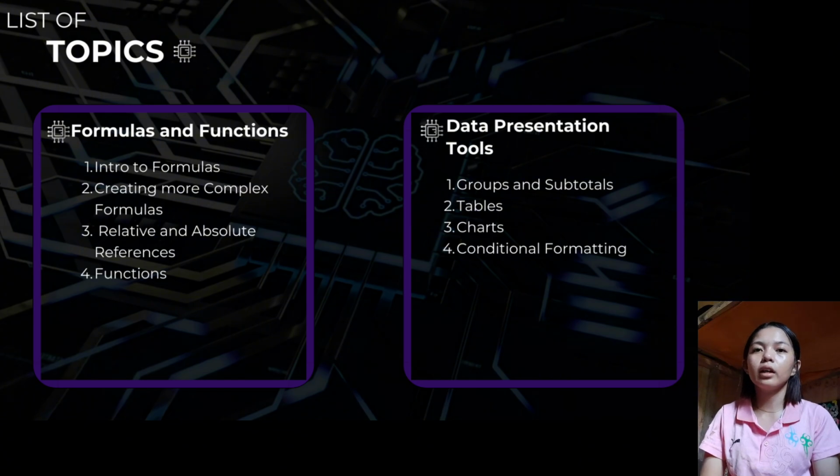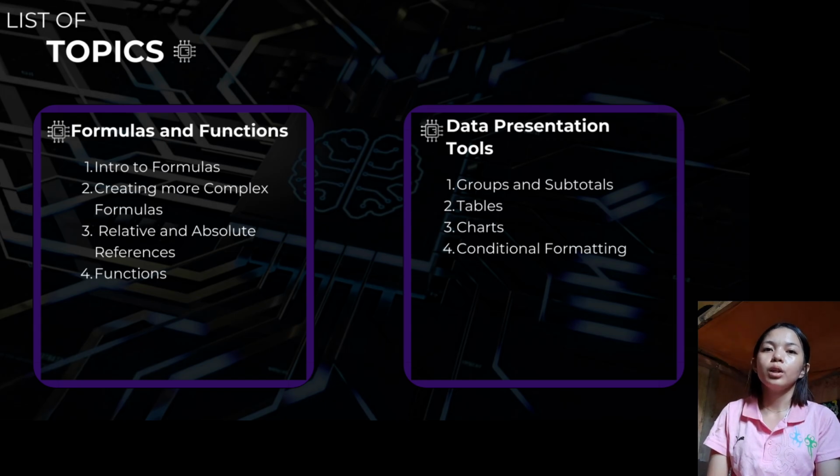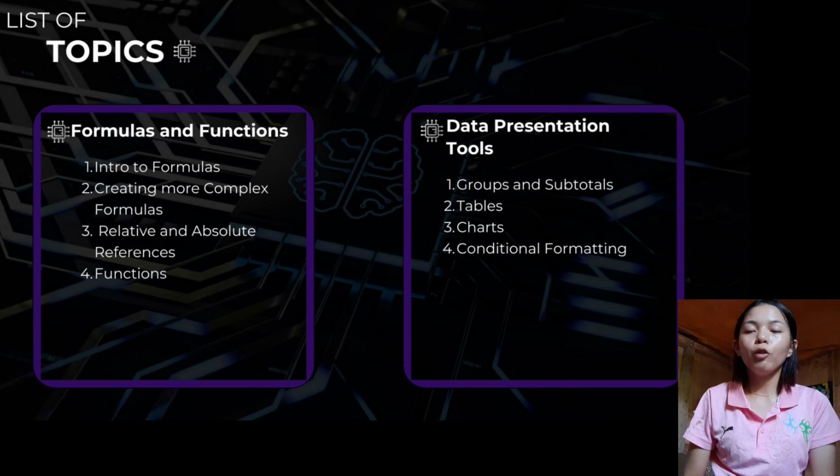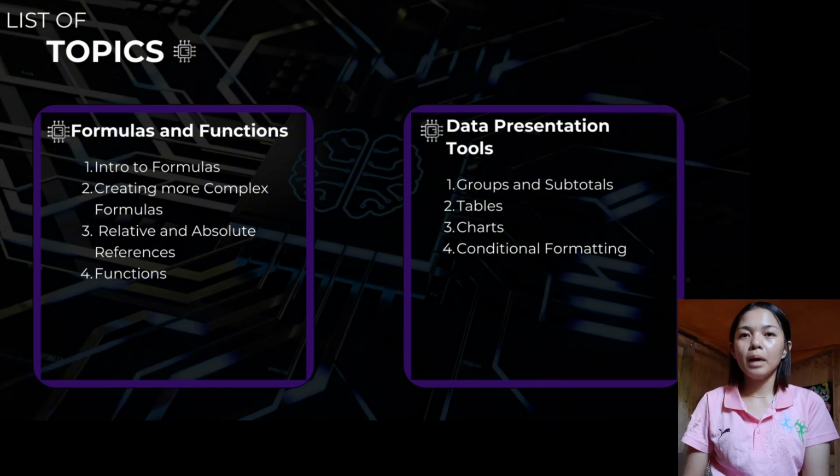The formulas are instructions that we give to Excel, while functions are ready-made formulas that can add numbers, compute averages, or calculate percentage quickly and accurately. Meaning, ang formulas kay ikaw mismo ang mo-set sa Microsoft Excel o unsaon pag-compute.